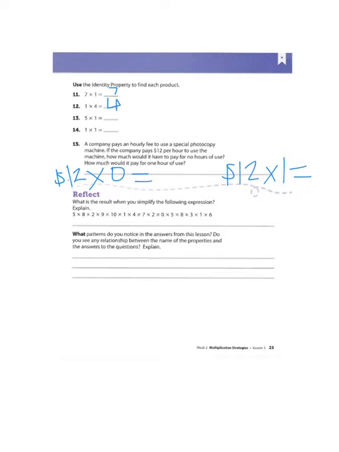And the reflect, I would like to look at this question right here. It says, what is the result when you simplify the following expression? Explain. So if you look at this big, long expression, I want you to see if you notice anything in there. So 5 times 8 times 2 times 9 times 10 times 1 times 4 times 7 times 2 times 0 times 5 times 8 times 3 times 1 times 6.